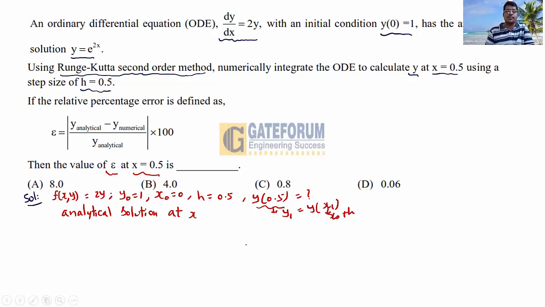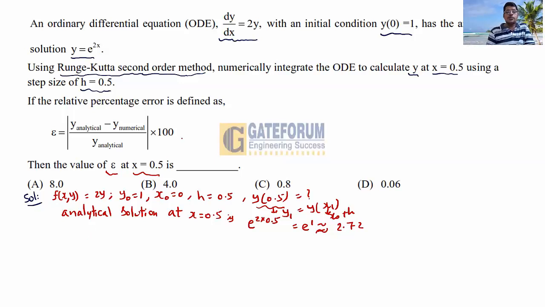Then only we can substitute here. At x equal to 0.5 it is e to the power 2 into 0.5. That is e to the power 1, value 2.7182 approximately. Because they mentioned two decimal places, according to the options the maximum number of decimal places is 2. I can write approximately this is 2.72. Okay. Next.